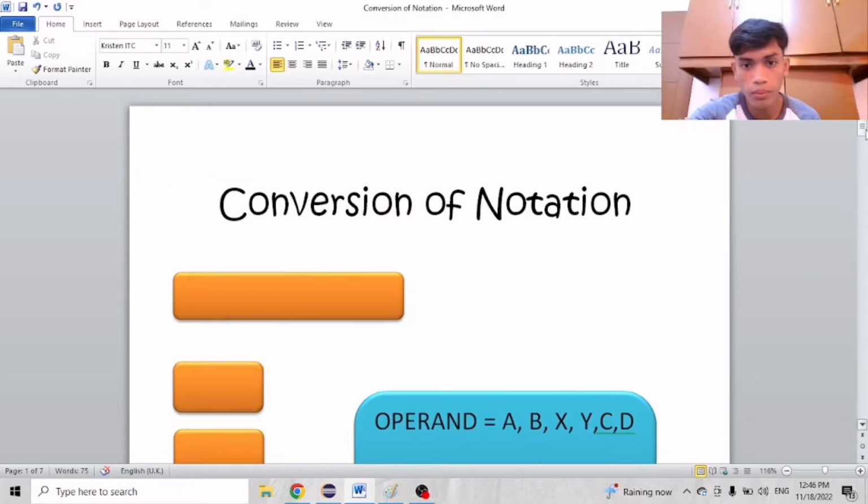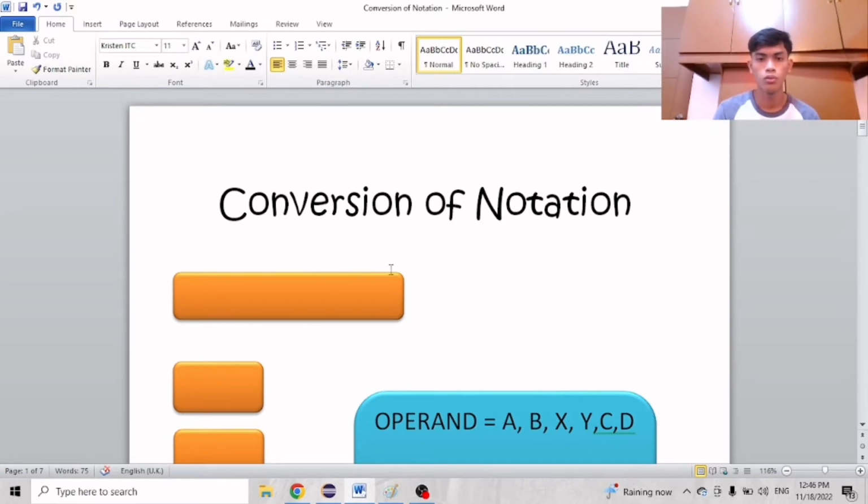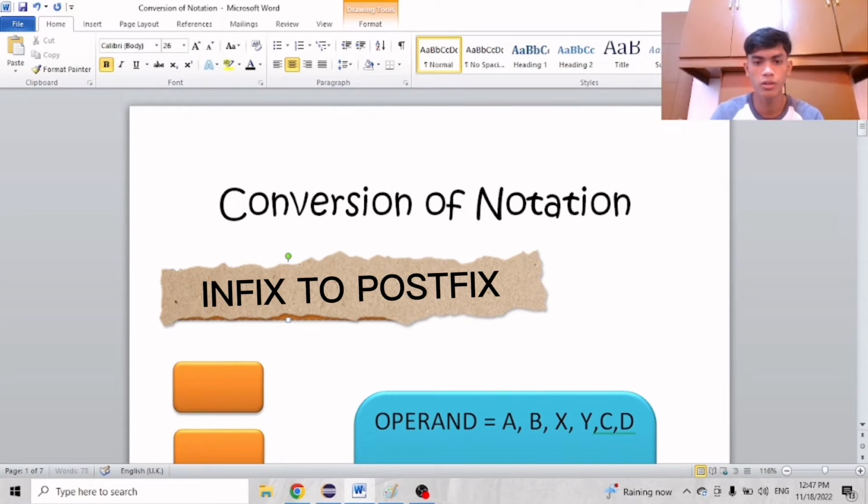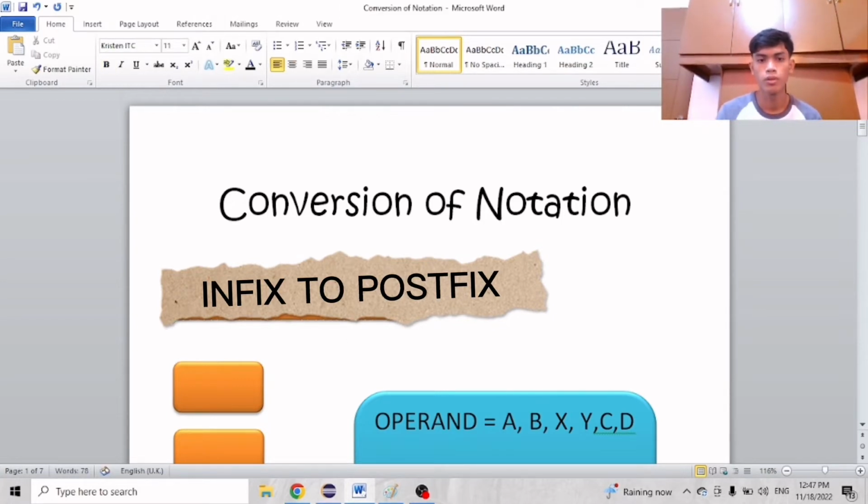Now let's go back to the conversion of notation. The main topic for today is the conversion from infix to postfix expression, and also infix to prefix.